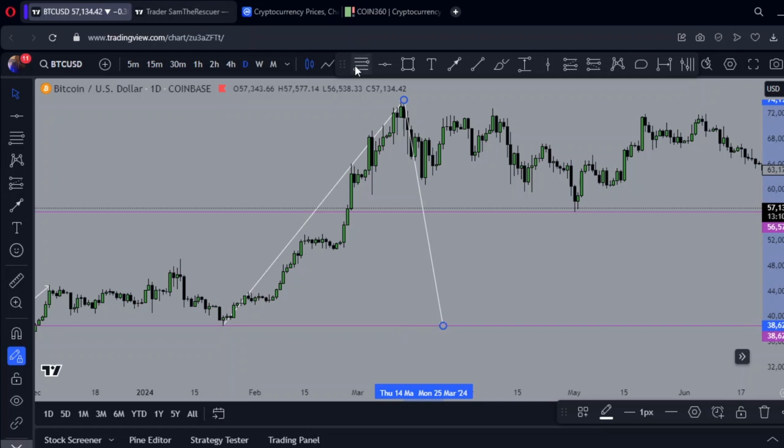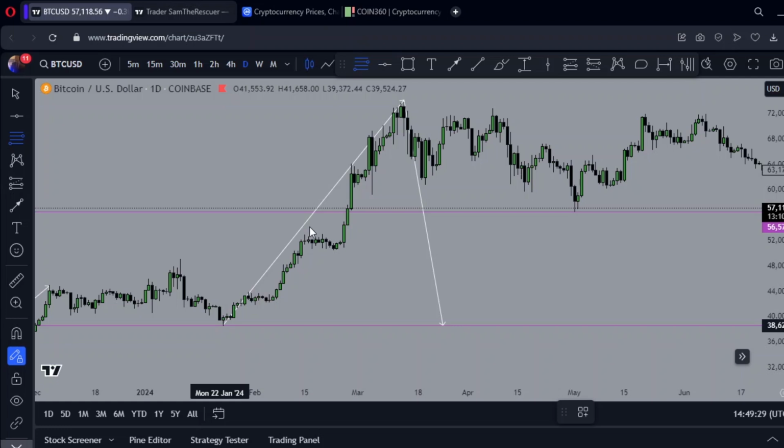Why? Because once you start the Fibonacci from your starting point to your end point, this is 100%, the place where it started. And if the market only came till here, this is 382, that is 38.2%. So this is impulse, this is correction.